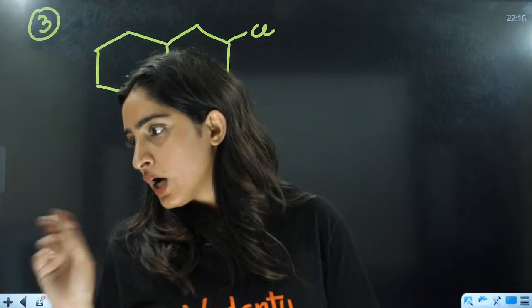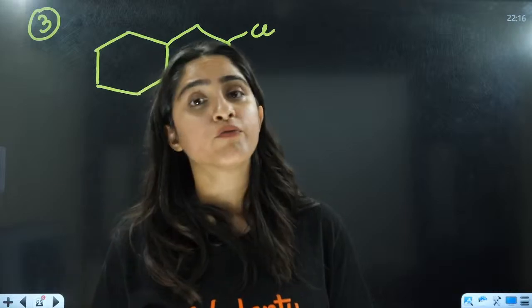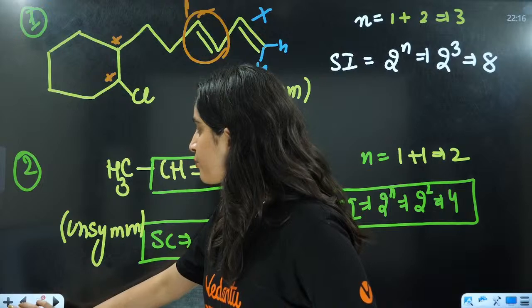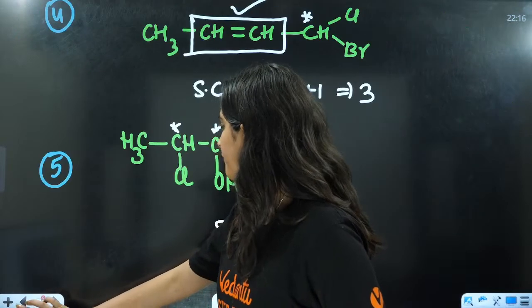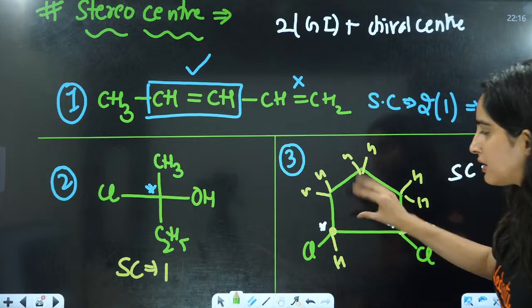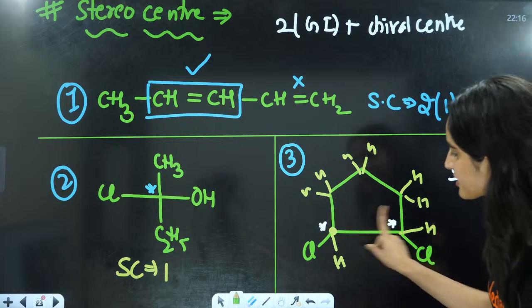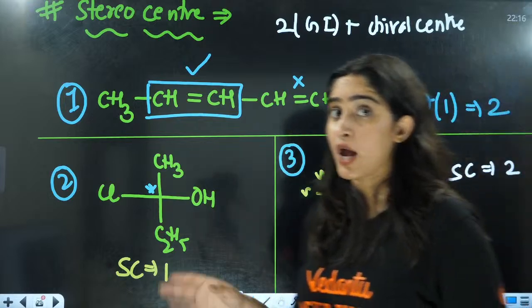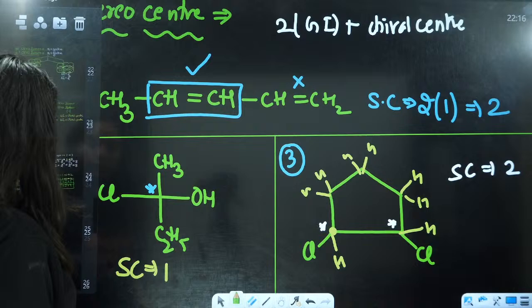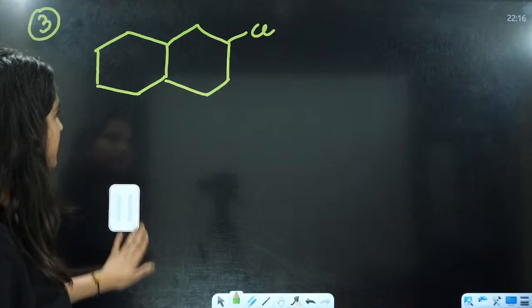This is what Rupoop was confused about. It will also show the geometrical isomer, but these are already included in the chiral center, so I will not include it in the geometrical isomer. One carbon can be included in the chiral or in the geometrical isomer.